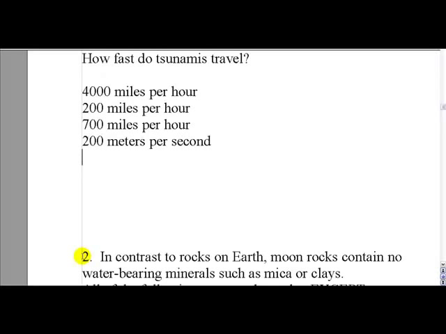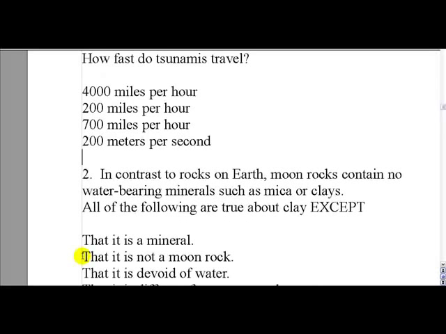All right, let's take a look at 2. Now we're taking a look at the word clay, what clay means. In contrast to rocks on Earth, moon rocks contain no water-bearing minerals such as mica or clays. So all the following are true about clay except.